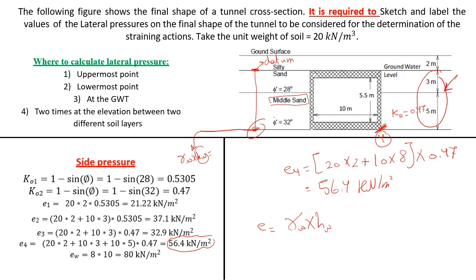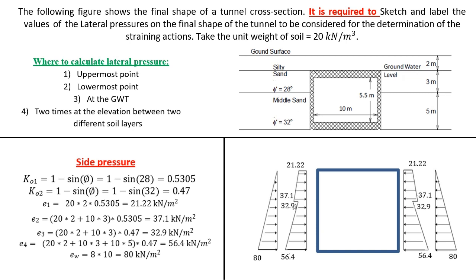So H water, it's 8 meter, and gamma water, it's the unit weight of water, which is 10 kilonewton by meter cube. So you have here 80 kilopascal or kilonewton per meter square. So this value is equal to 80, and you will draw a line between the uppermost point here and the lowermost point here. So this value is equal to 80 kilopascal, and this value is equal to 0, and this is your water pressure on your underground structure.